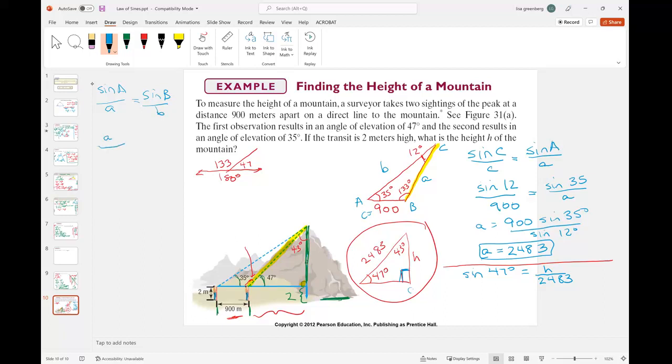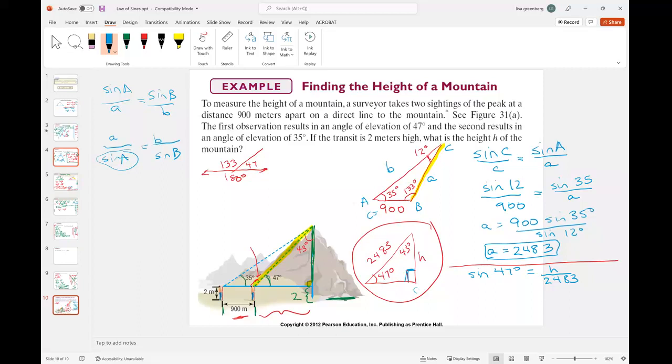That's the same as A over sine of A equals B over sine of B. Well, if one of these is 90 degrees, it's just 1. So again, there's really no reason for me to use it. If I have everything else, which is what I really have, I don't need to do it. I can use my sine equals opposite over hypotenuse, my cosine equals adjacent over hypotenuse, and so on.